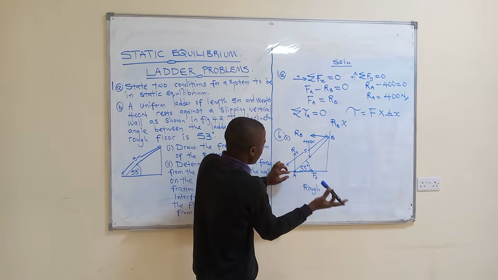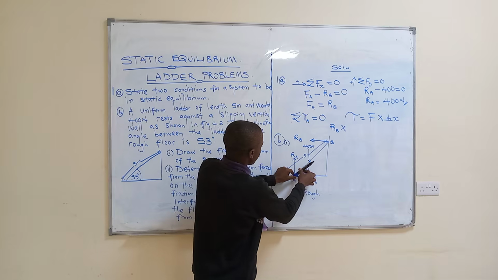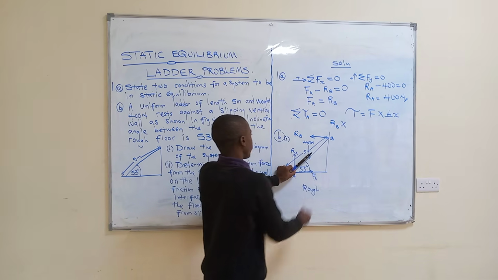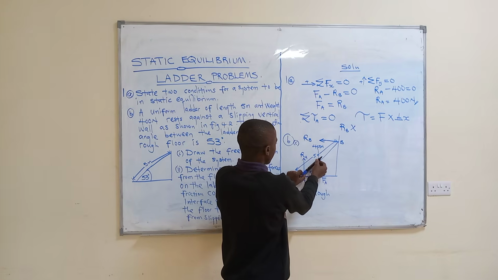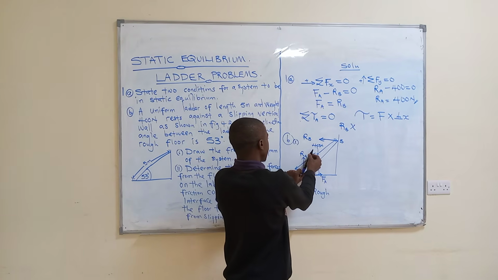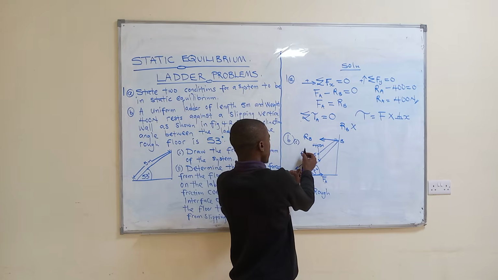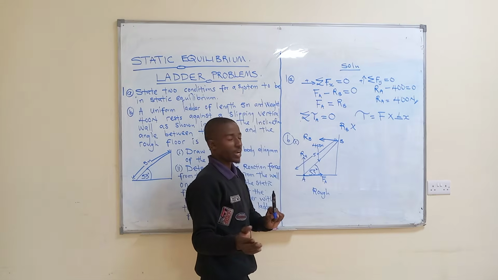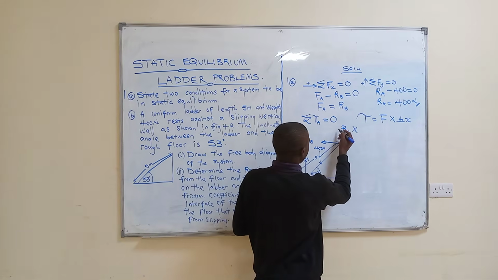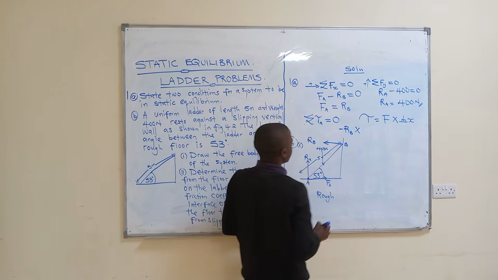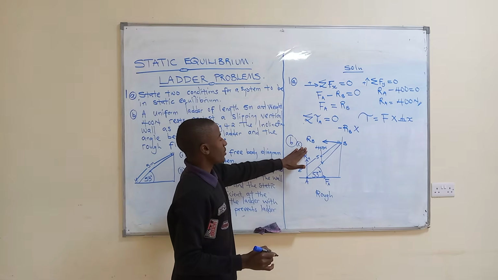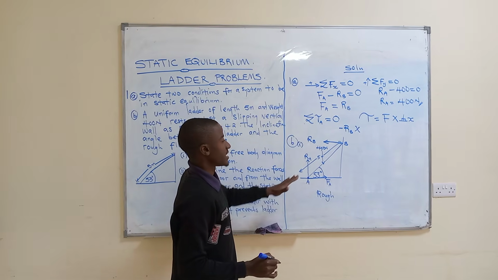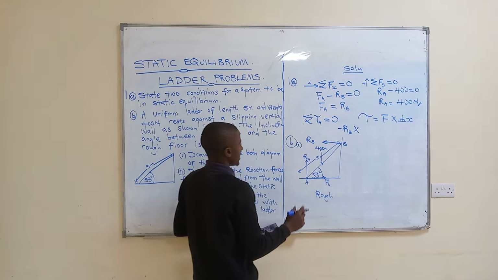So let me take, for instance, this marker and then I apply a force. This is the reaction force going this way. So this marker is going to rotate anti-clockwise. Since it is rotating anti-clockwise, I'm going to add a negative this side. Now, I have to multiply with the perpendicular distance, the distance that is making 90 degrees.